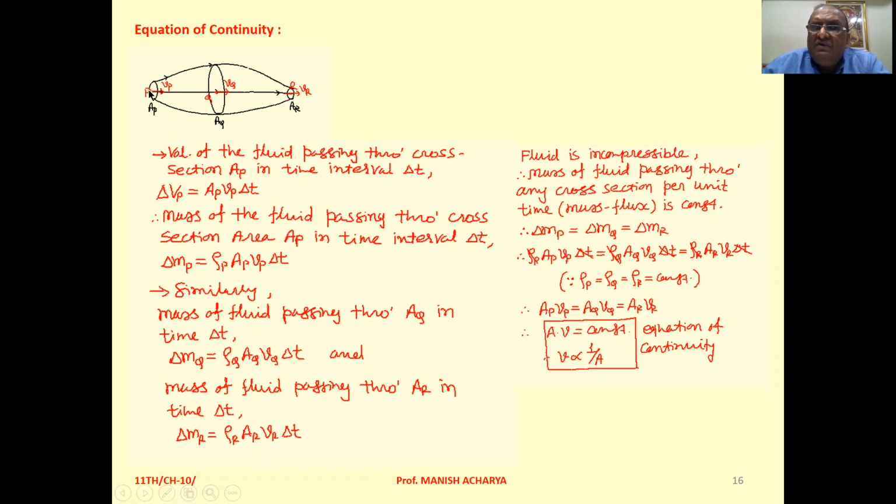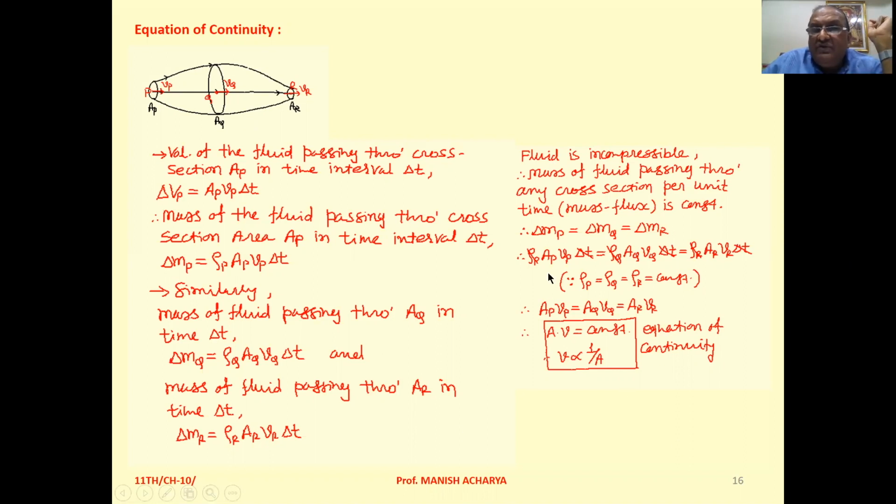So the mass of the fluid passing through AP or AQ or AR in the same time interval is the same, or we can say the mass of the fluid passing through any cross section per unit time, which is also known as mass flux, is constant.